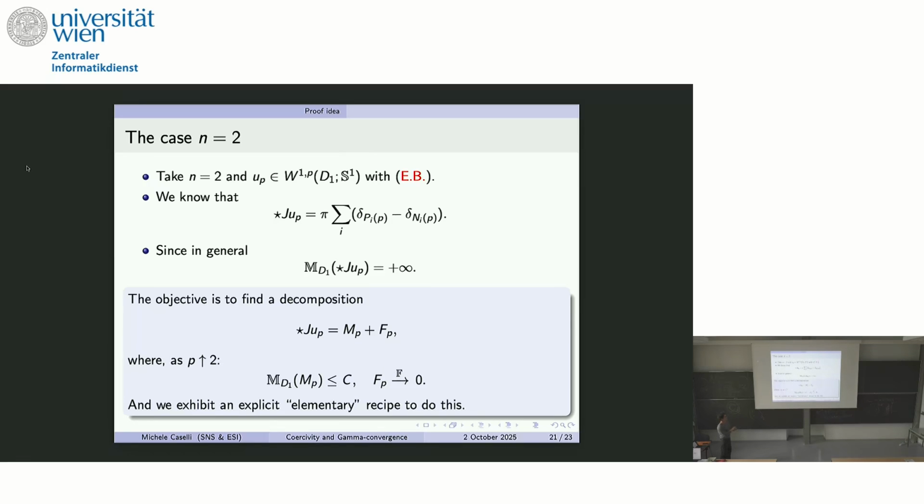Okay. So the point is really to find a recipe that is elementary, not easy in my view, to do this. So I give you a fog of points with degrees and so on, and then you have to find a decomposition that does this. Okay.